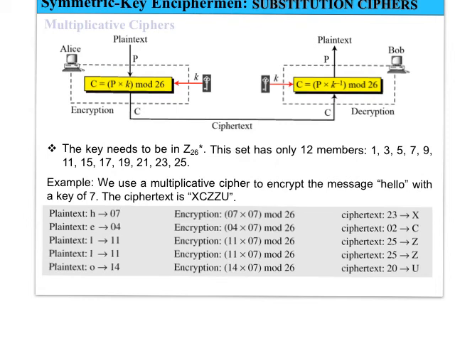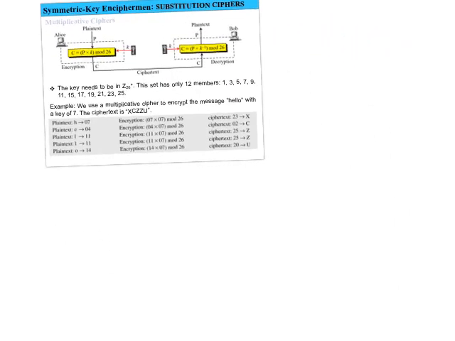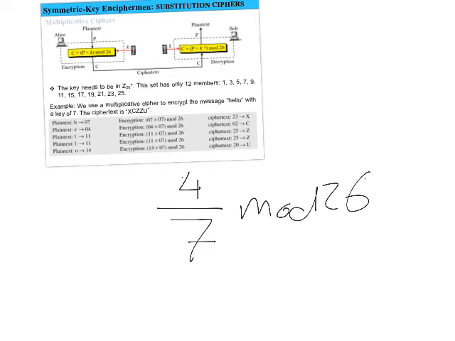Another thing to pay attention to: on the decryption side, when we divide, you cannot have something like this. Let's say P here is 4, and we divide by 7, modulus 26. We want to know what this letter is.